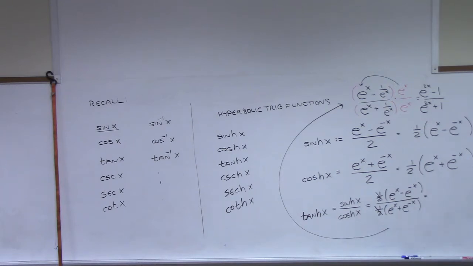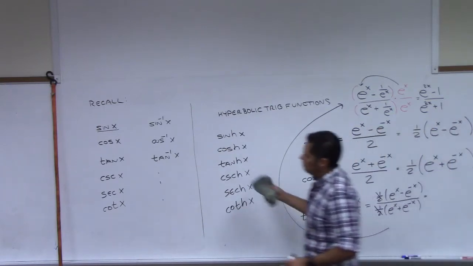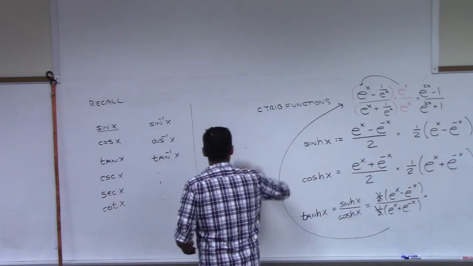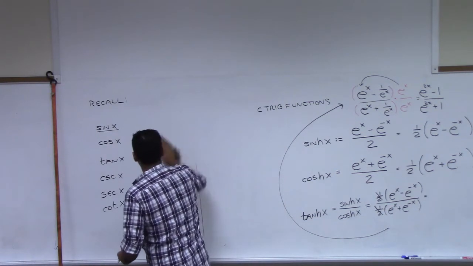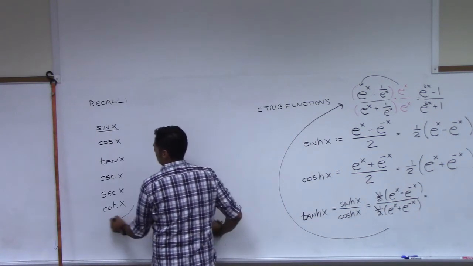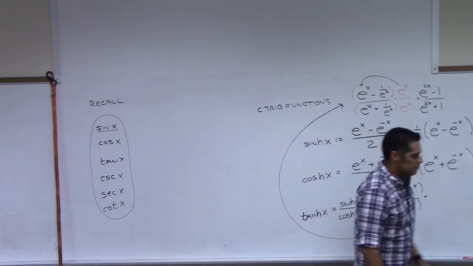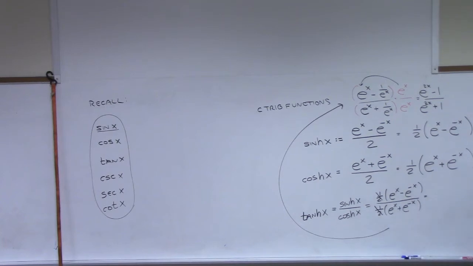All right, now let's go back again and talk about pre-cal for a second. When we were introducing these 6 functions, do you remember you took a lot of time to discuss the properties of those functions, the characteristics?